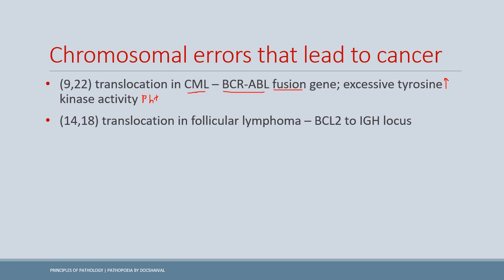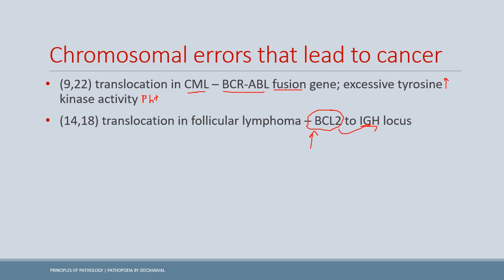The next one is the 14;18 translocation, which is involved in follicular lymphoma, and I've already explained this, that BCL2 is translocated to the IGH locus, and this causes increased expression of this anti-apoptotic gene, which prevents the cancer cells from undergoing apoptosis and hence gives some immortality.